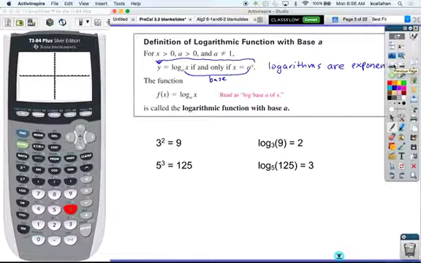Notice here that they said that the a has to be greater than 0. Since we're going between exponentials and logarithms, we already said for the exponentials that a was always greater than 0. So even when you have a base of a logarithm, it's always going to be greater than 0.